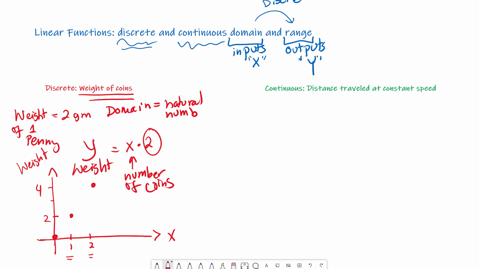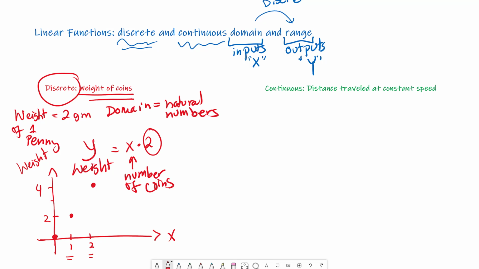And these are discrete, right? They are discrete because we can't have half of an integer as part of the natural numbers. We can't have a fraction of a coin. So this is an example where the domain is discrete.